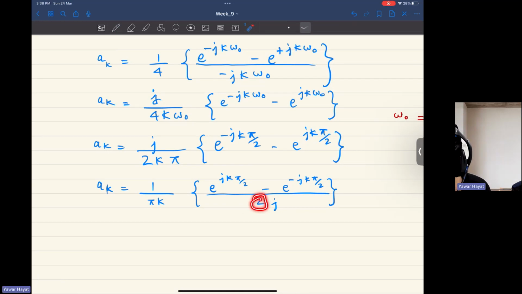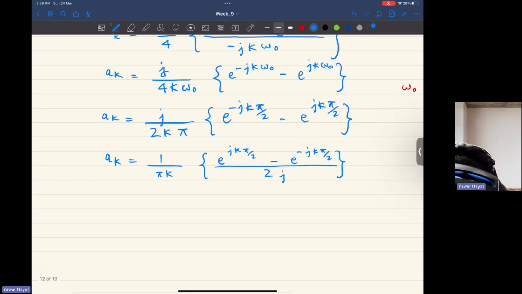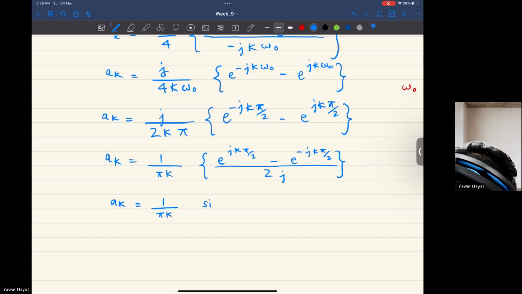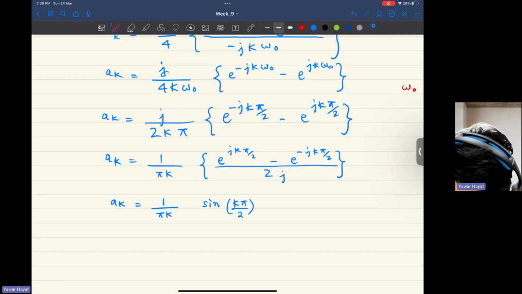This 2 is this, and this is the minus j. It has 1 by j, since I had taken the minus sign. Now it's straightforward. Ak would be 1 over pi k times sine of k pi by 2, right?